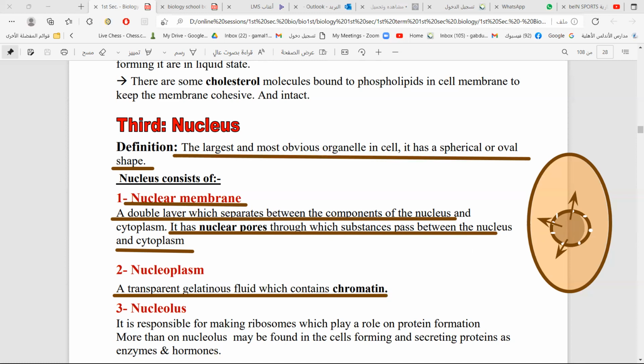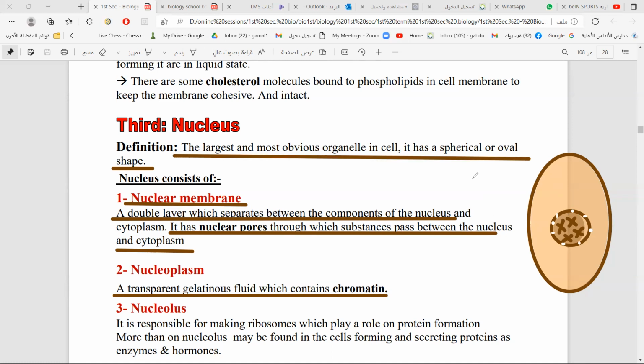Chromatin means what? Chromatin means the chromosomes. So it has here the chromosomes or the chromatin. Chromatin changes into chromosomes at a certain time. When the cell starts division, the chromatin changes into chromosomes found inside the nucleoplasm.